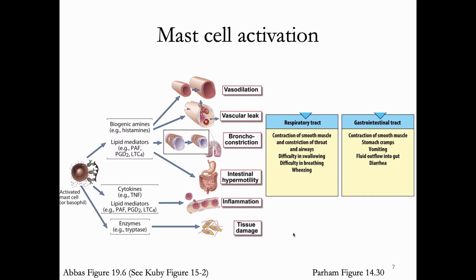So things like our histamines are largely going to induce vasodilation and vascular leak. And so you can imagine those are just things that are going to really help us with an inflammatory response. That's the same kind of stuff we saw with a basic inflammatory response before. And in fact, the cytokines and some of the lipids can also lead to inflammation.